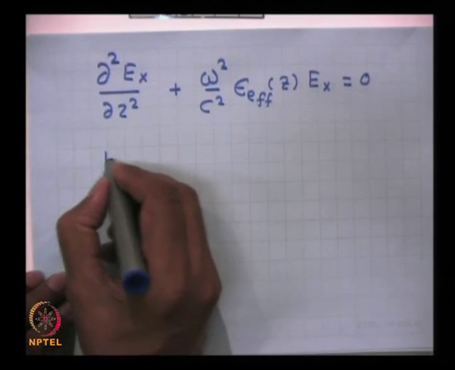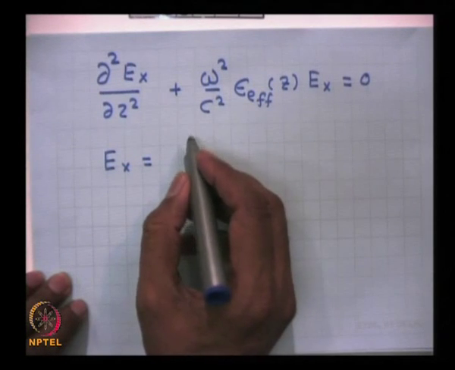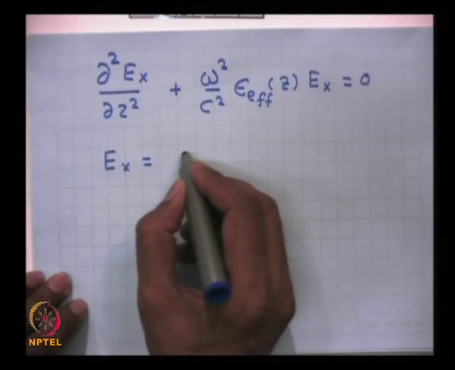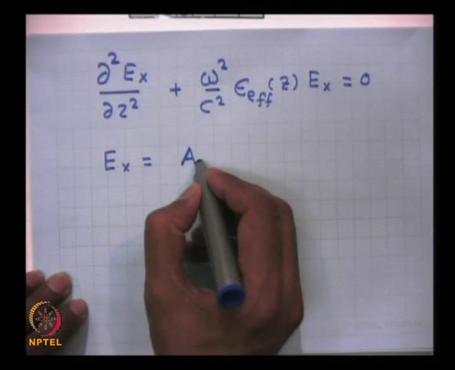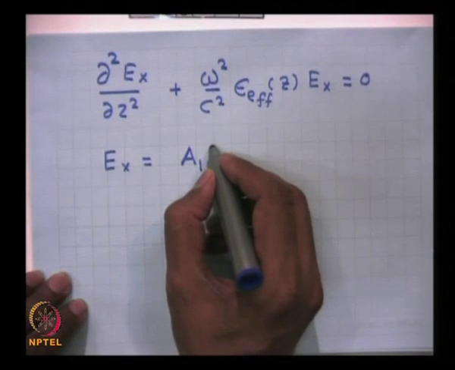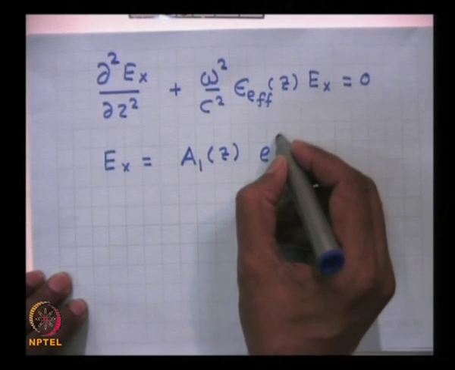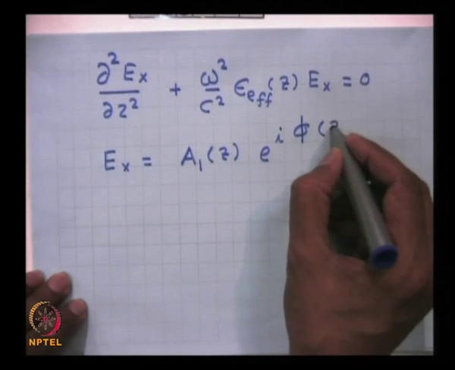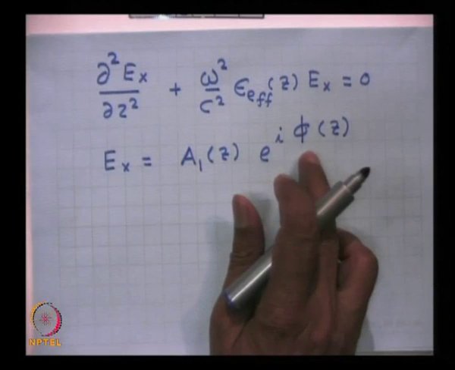that I write down. Ex in terms of two functions, one called the amplitude function. So, let me write down this quantity, say A1, some function of z, into e to the power i times another quantity φ, some function of z, where A1 is purely real and φ is purely real.